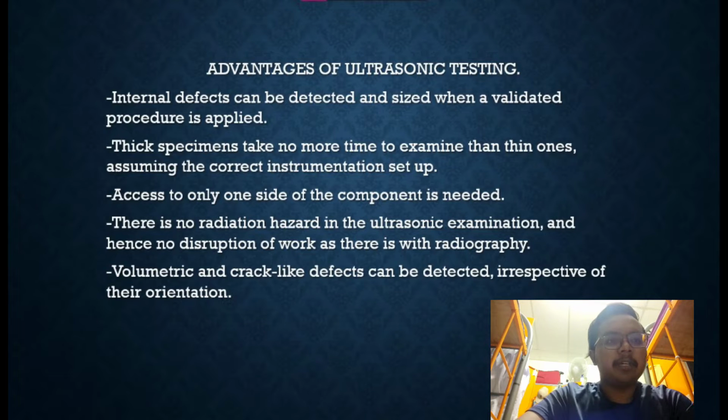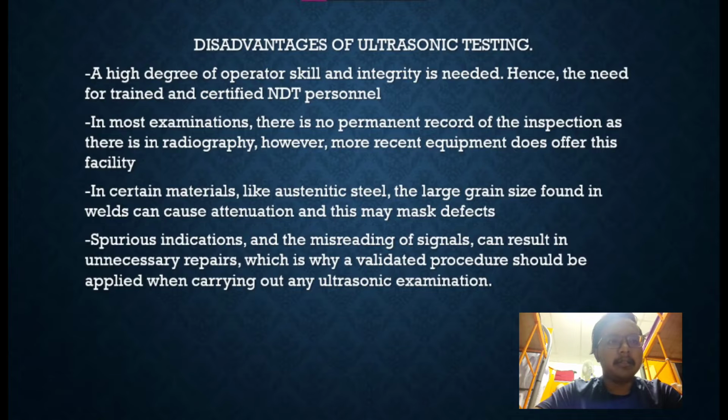Meanwhile, the disadvantages of ultrasonic testing: a high degree of operator skill and integrity is needed, hence the need for trained and certified personnel. The second one is that in most examinations, there is no permanent record of the inspection as there is in radiography. However, more recent equipment does offer this facility.